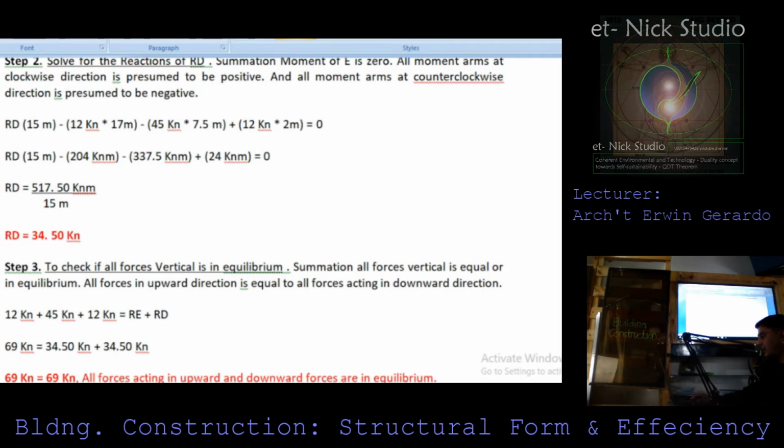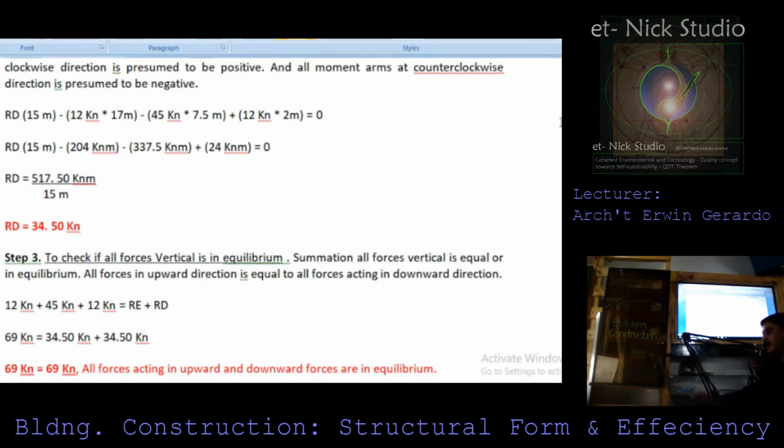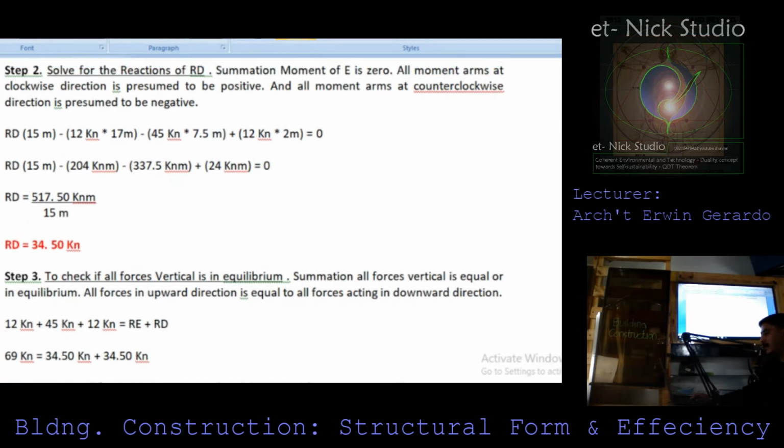Now step 2, for the reaction of D, the summation of moments at E is 0. All moment arms in the clockwise direction are presumed to be positive, and all moment arms in the counterclockwise direction are presumed to be negative.